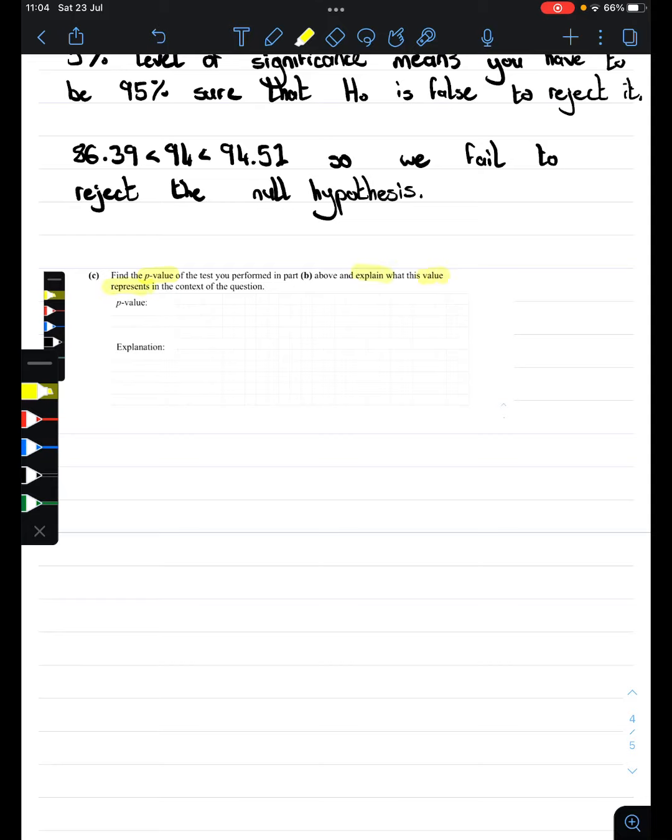All right, okay. So people really don't like the p-value, but it's actually really not that complex. Okay, so what is the p-value?